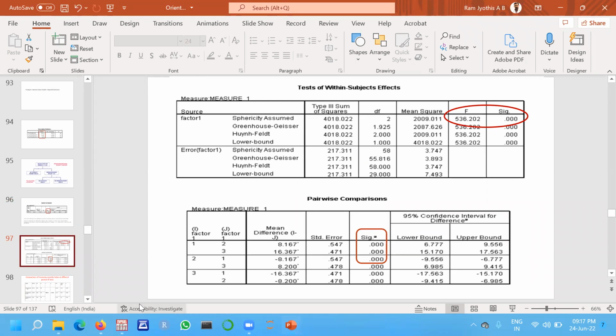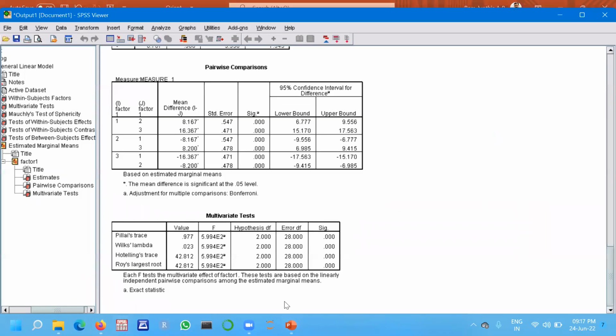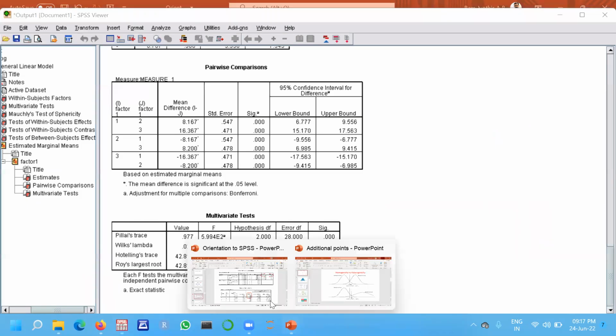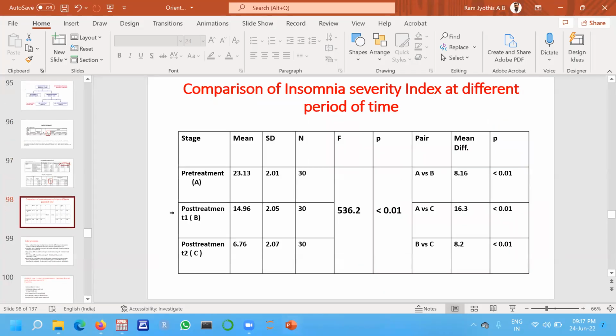So all are significant, isn't it? Now from this output view, we are synthesizing a table. So this is how in your study you have to draw this table, and you have to enter the data from the output.